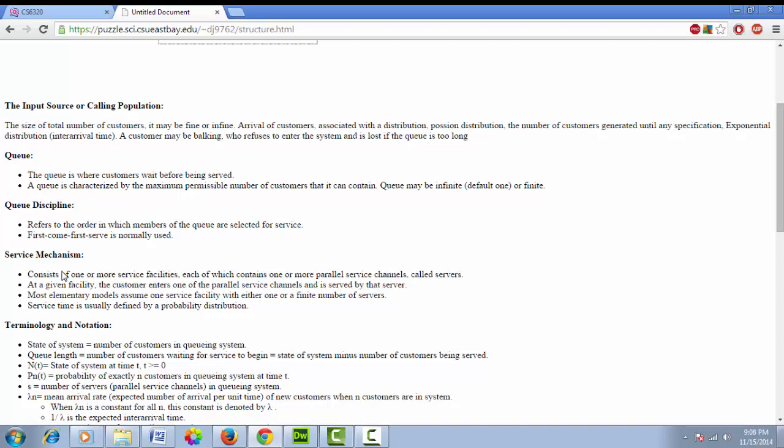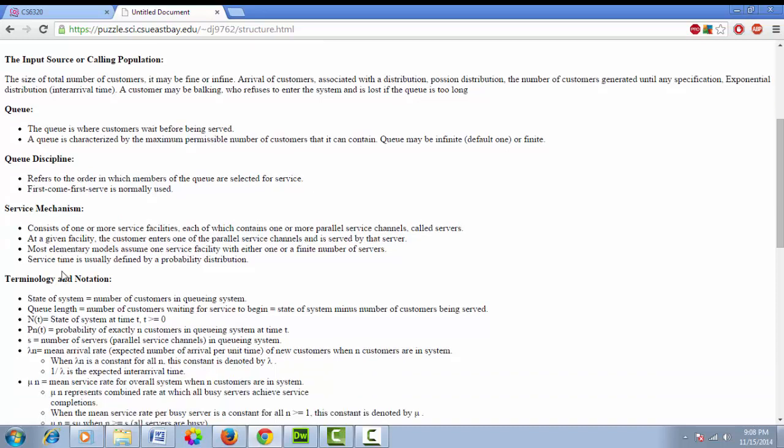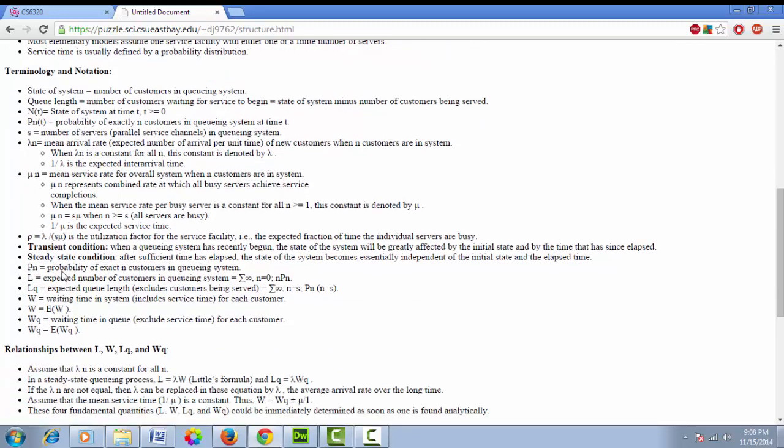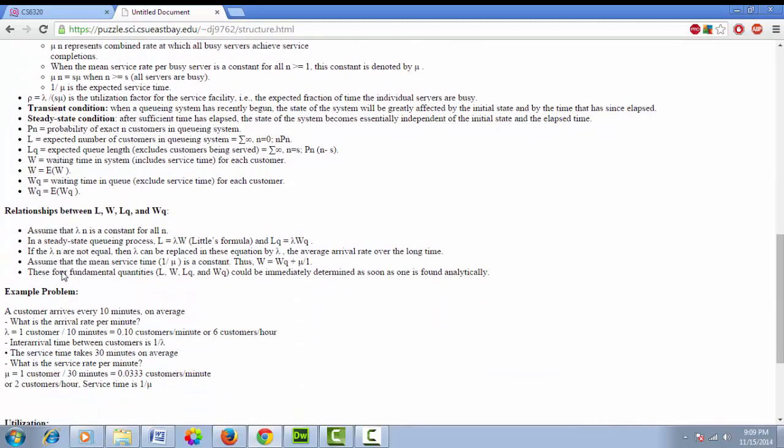Service time is usually defined by a probability distribution. Below here are the terminology and notation for queuing theory, and this is the relationship between workload, queue and workload intensity.